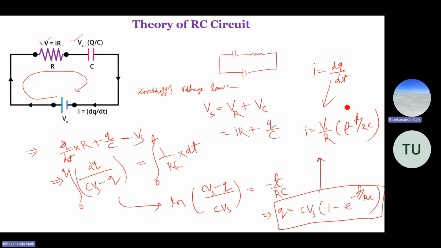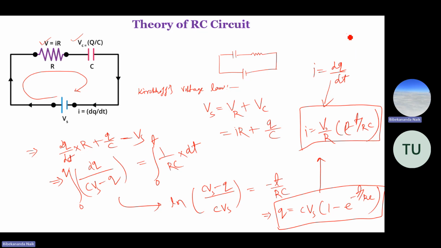Now this is the case of current and this is the case of charge that varies when the capacitor and the resistor are connected in series. Now, let us consider how the charging and discharging is used to measure the time constant. What do you mean by time constant?